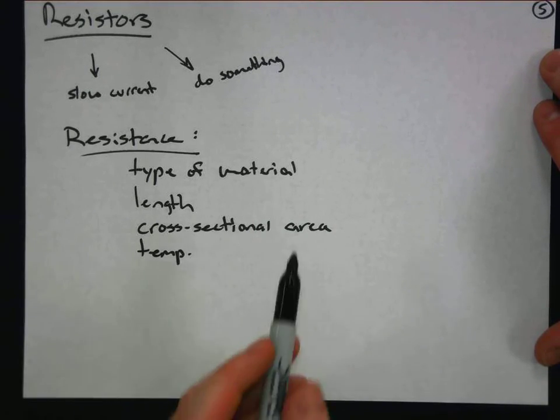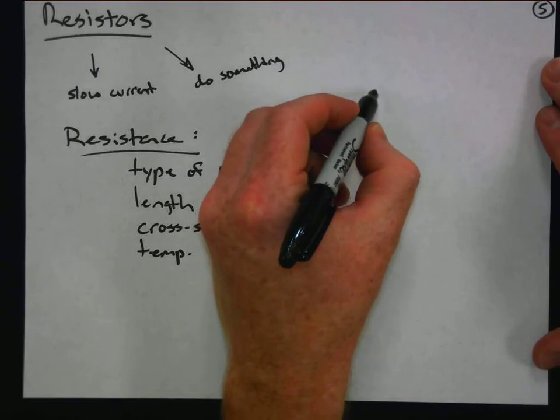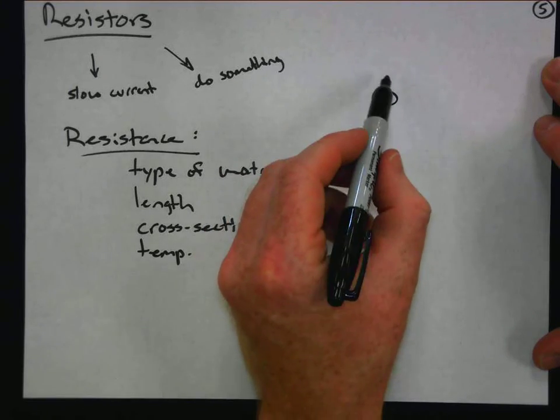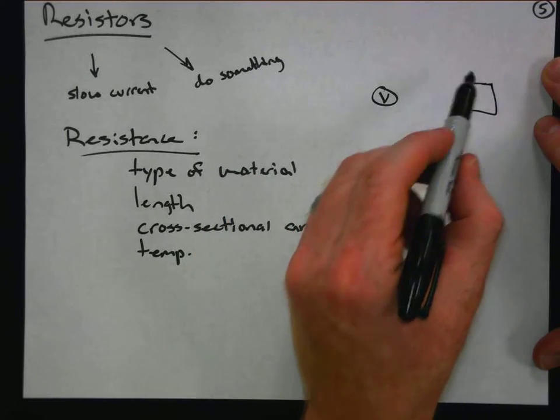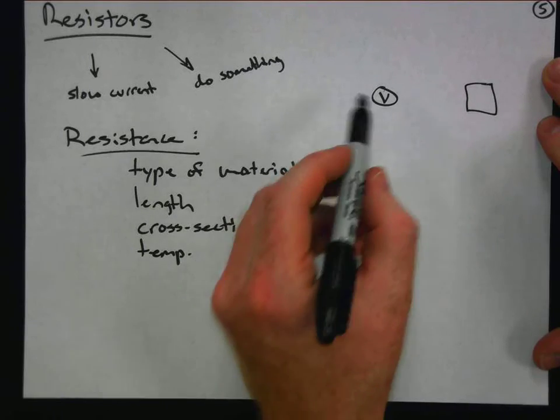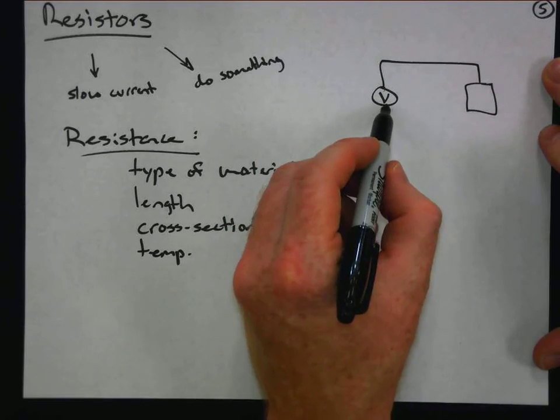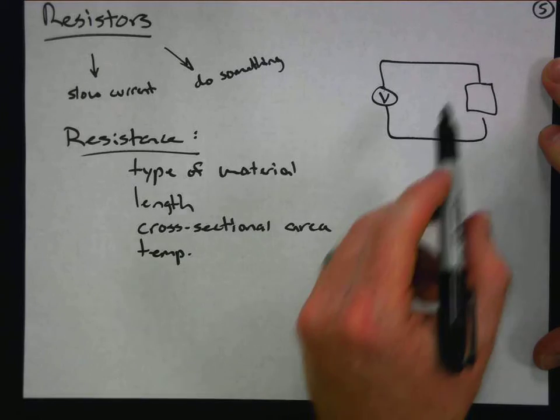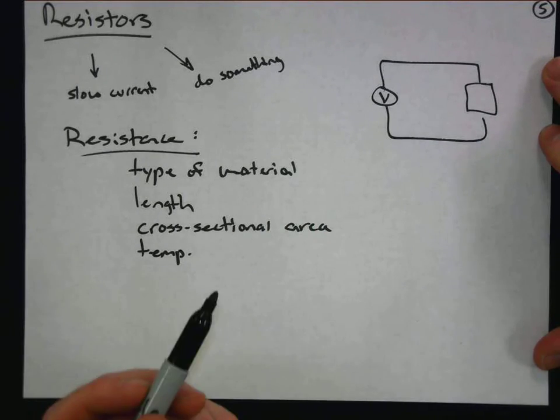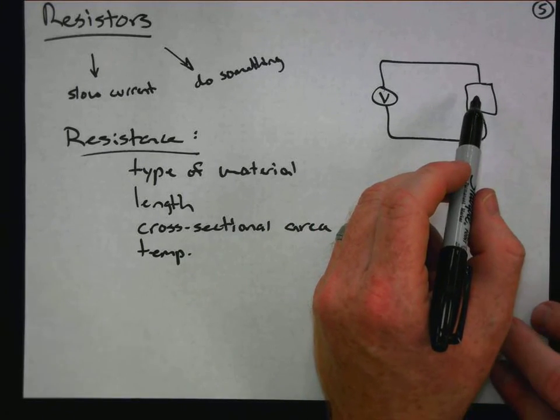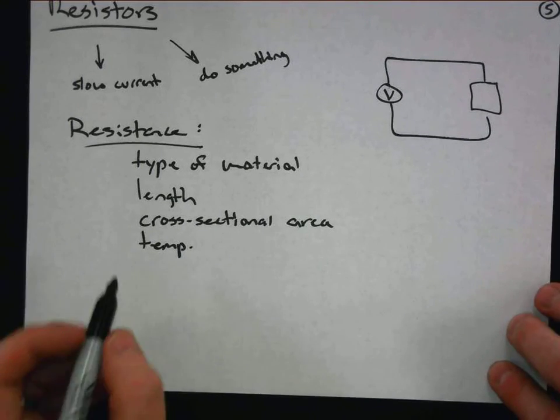So you provide that voltage, and let's say you want to test the resistance of this object right here, whatever it is. You apply that voltage to it, and you'll get a certain amount of current flowing through this object. The amount of current really tells you the resistance.